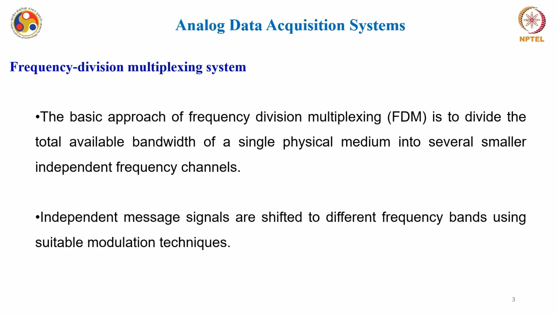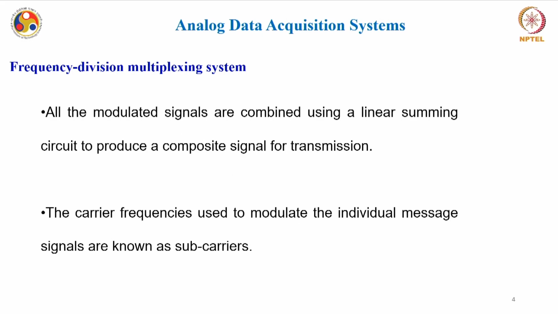These can be recovered separately at the receiving end by using demodulators, and you may also use filters because along the way the signal may carry certain noise. So, some filter is also required. The basic approach of FDM is to divide the total available bandwidth of a single physical medium or single channel into several smaller independent frequency channels, and independent message signals are shifted to different frequency bands using a suitable modulation technique.